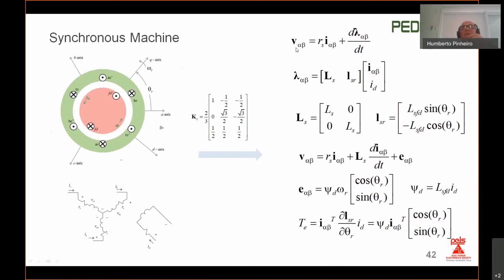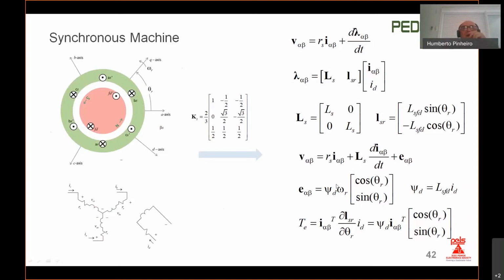The voltage at the terminal of this machine depends on the time derivative of the linkage flux, where the linkage flux depends on the stator inductance, the rotor mutual inductance, and the currents. So you can express the voltage at the terminal of the machine as this equation over here.